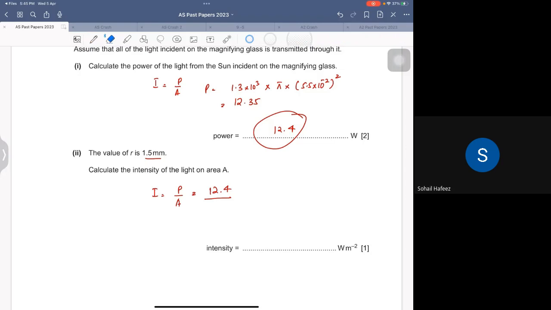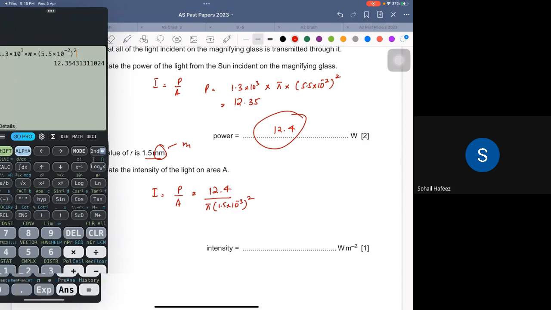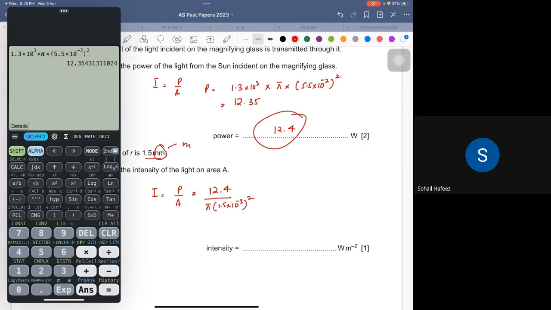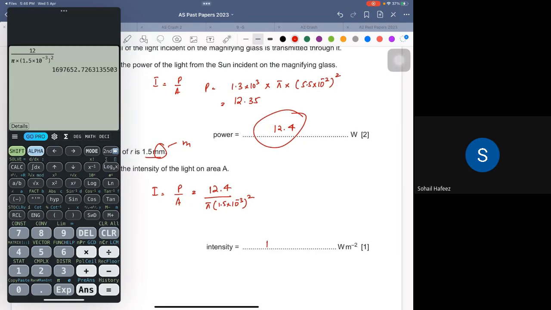The area now decreases, so pi times 1.5 times 10 to the minus 3, since this is changed to meters, squared. So 12.4 divided by pi times 1.5 times 10 to the power minus 3, whole squared. So I'm getting something like 1.